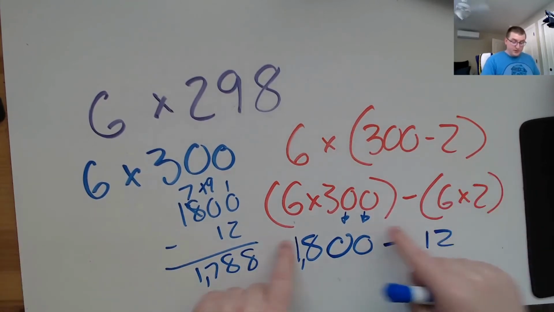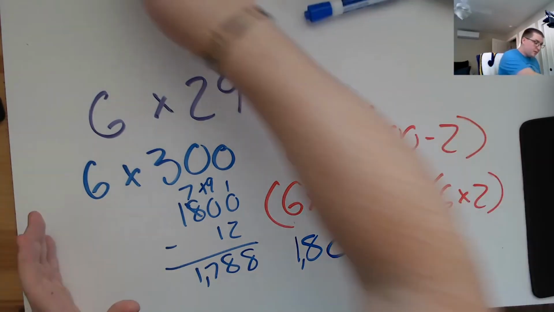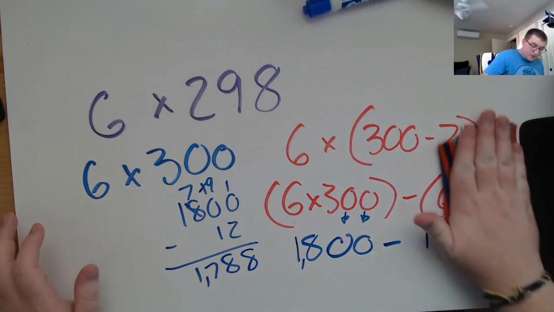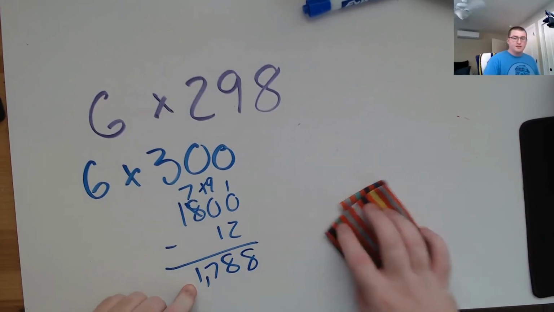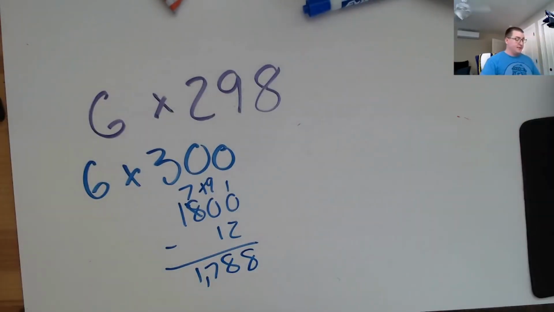So we did the 300, then we did the 2, we subtracted it, and came up with this answer. Okay? So let's go ahead. I'm going to erase this part right here. I want to keep this 1,788. That way I know what the answer was, so I can see when I'm double checking.